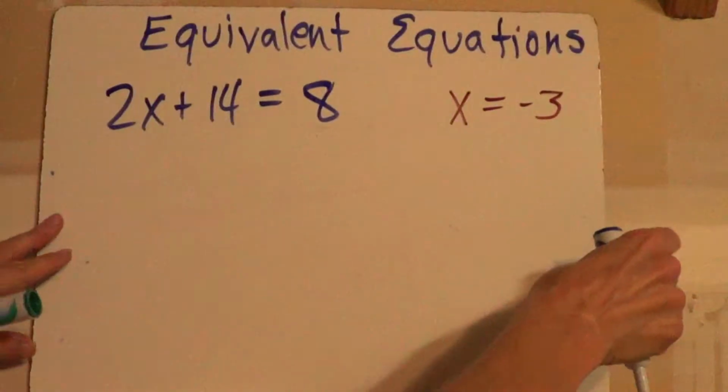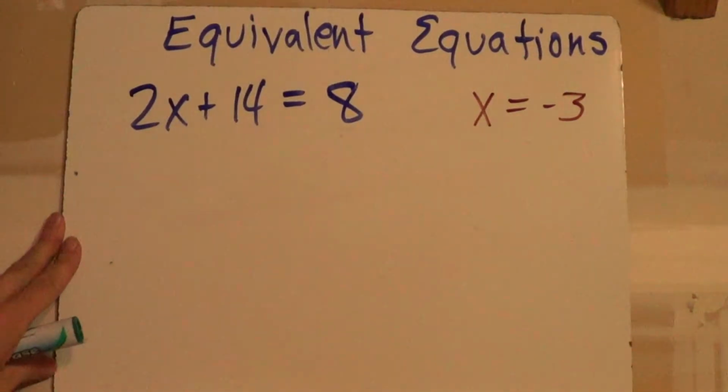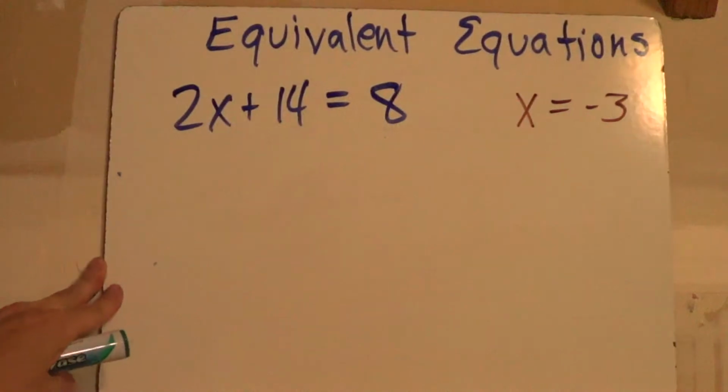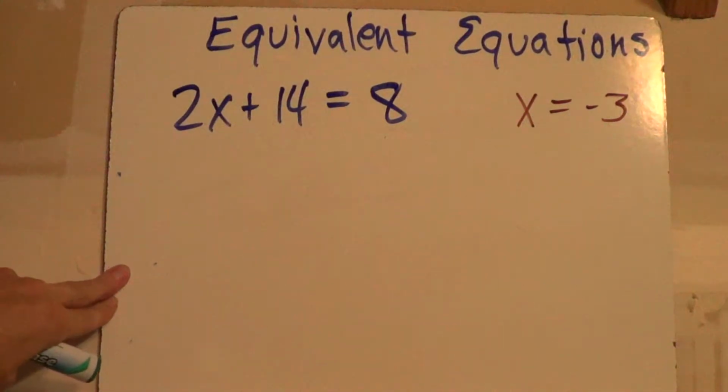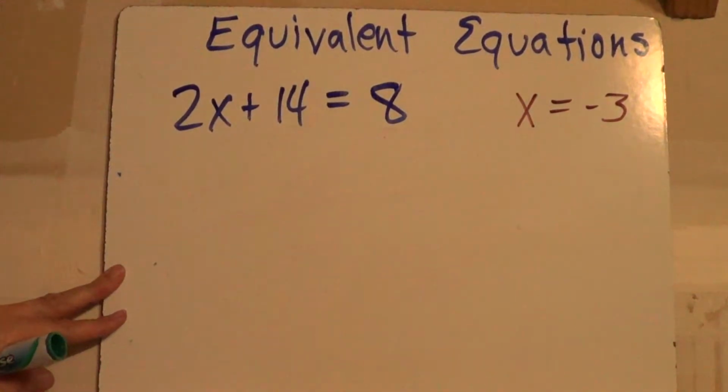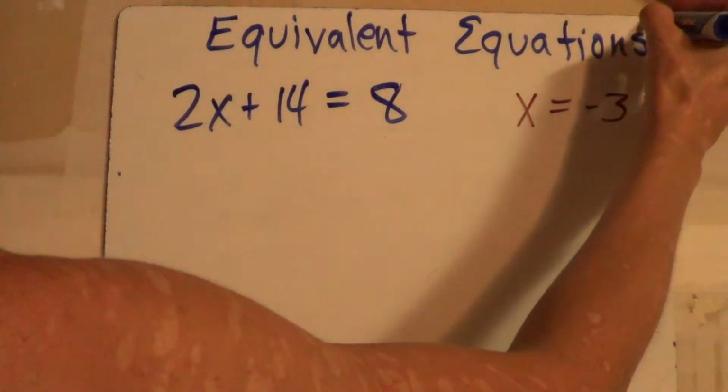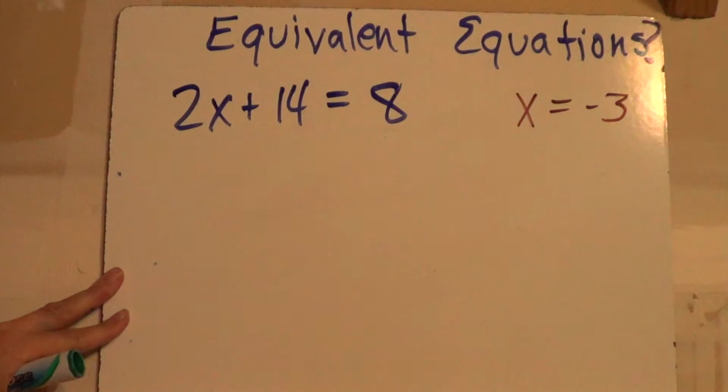So, okay, let's get to the first problem here. It says equivalent equations. Let me make sure that I've got it on the camera right. Yeah, that's good. Equivalent equations, it's just a question. They're just asking us, hey, are these two equal?